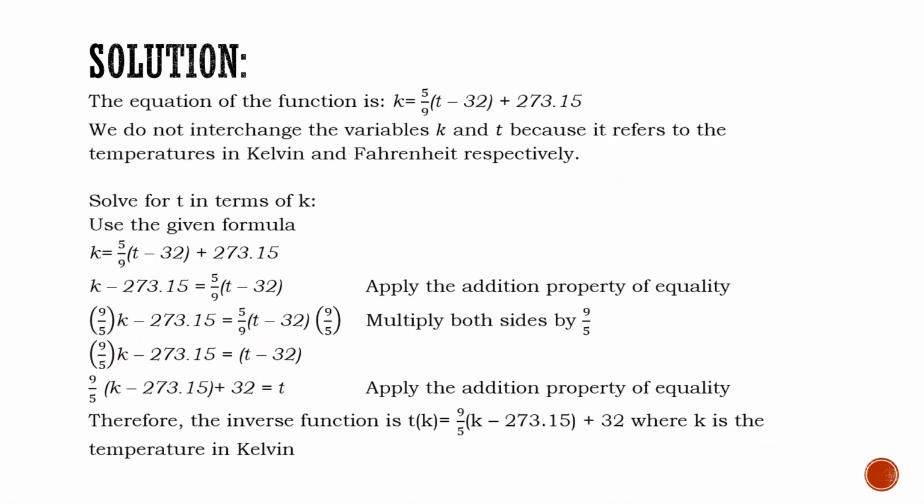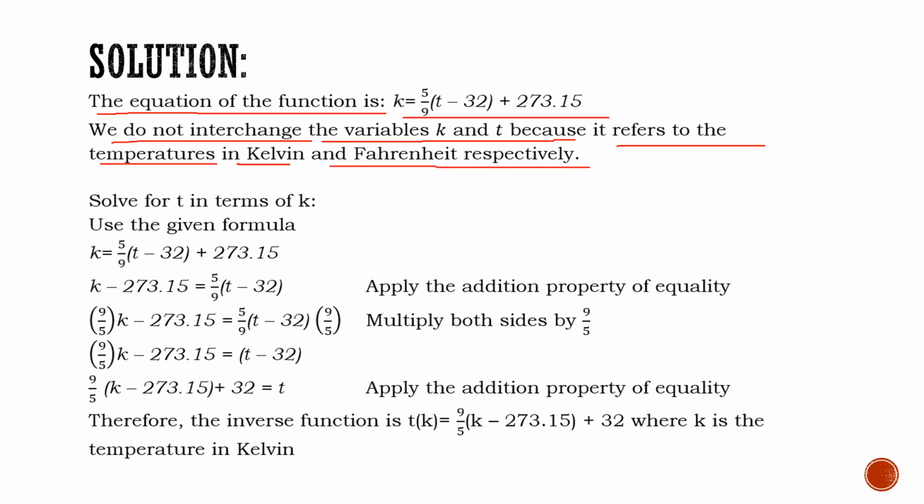For our solution to example number 2, the equation of the function is K equal to 5 over 9 multiplied by T minus 32, plus 273.15. We do not interchange the variables K and T because they refer to the temperatures in Kelvin and Fahrenheit respectively.